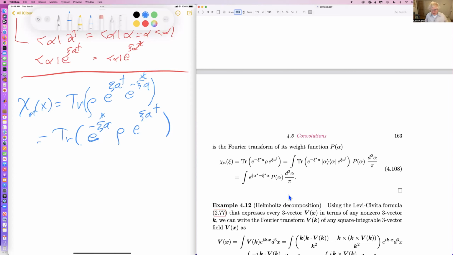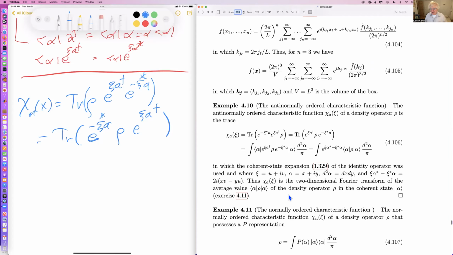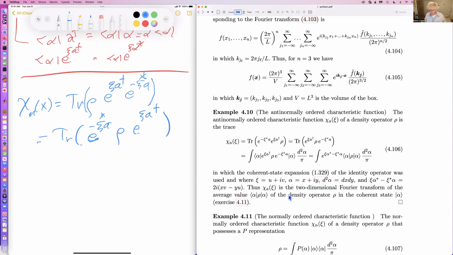And the normally ordered characteristic function does not always have Fourier transforms. On the other hand, the anti-normally ordered characteristic function does. And its Fourier transform is this very, very smooth function, which is just the diagonal matrix elements of the density operator in a coherent state.